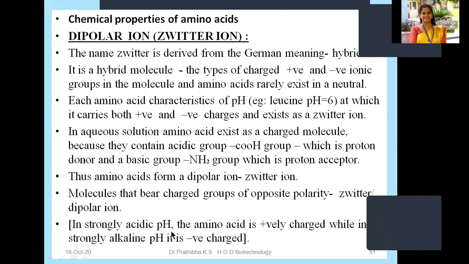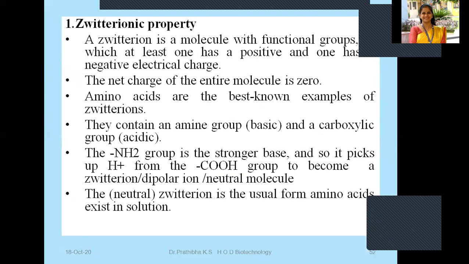In strongly acidic pH, the amino acid is positively charged, while in a strongly alkaline pH, it is negatively charged. A Zwitter ion is a molecule with functional groups of which at least one has a positive and one has a negative electrical charge. The net charge of the entire molecule is zero.